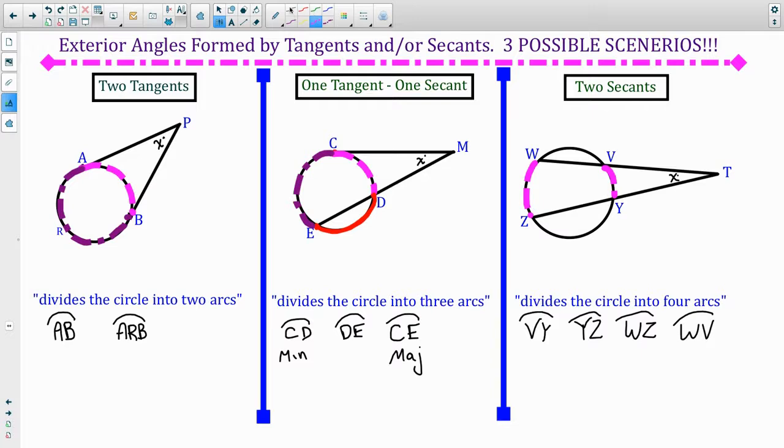So in this particular case, our minor arc we're going to refer to as arc VY, and our major arc is going to be the WZ arc, because those two arcs are inside my angle all the way out here.